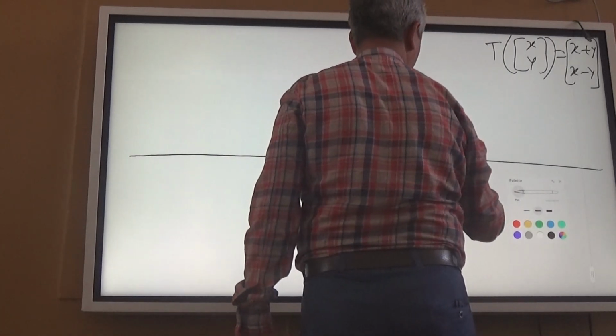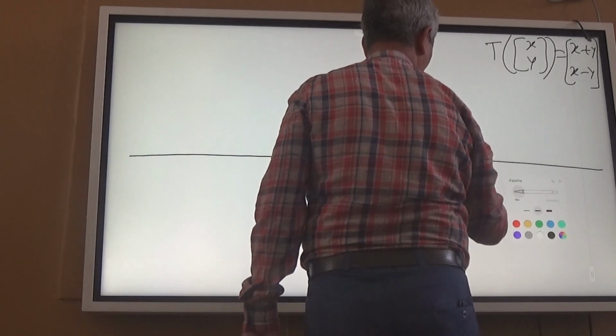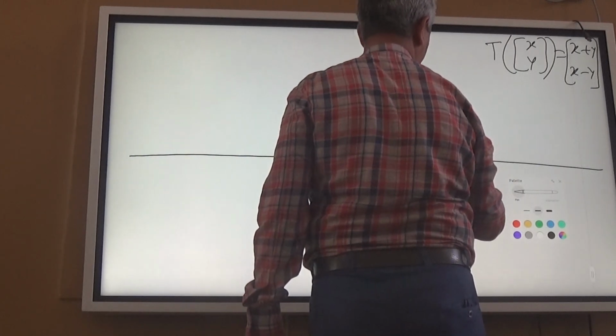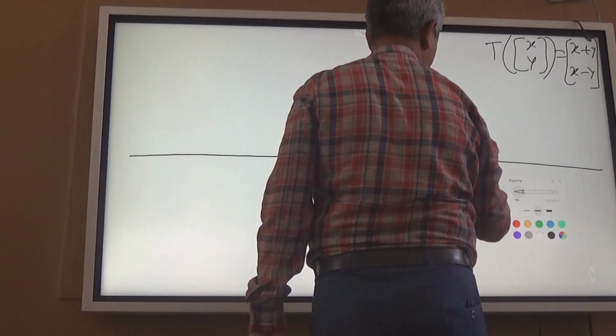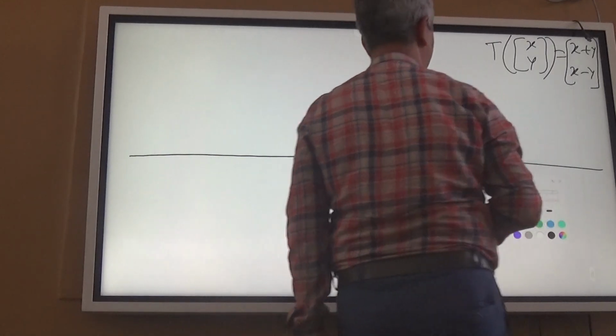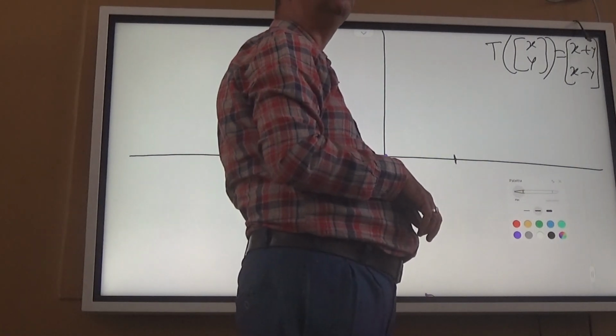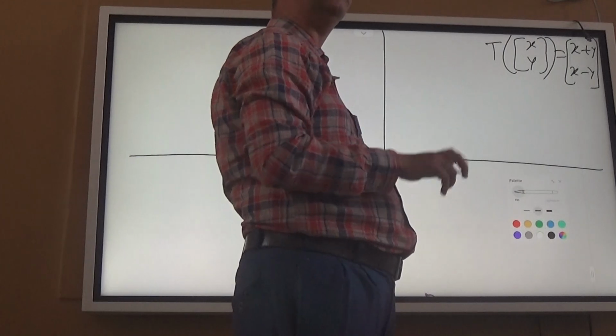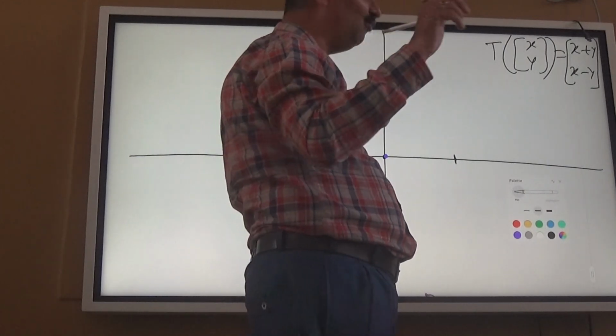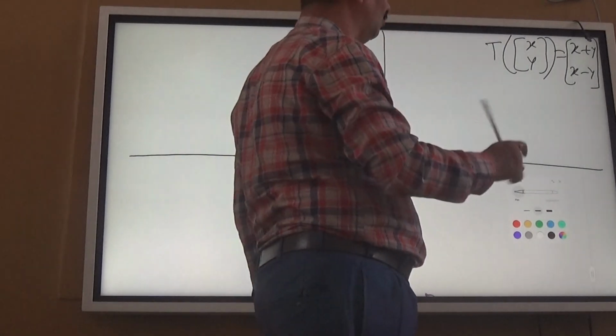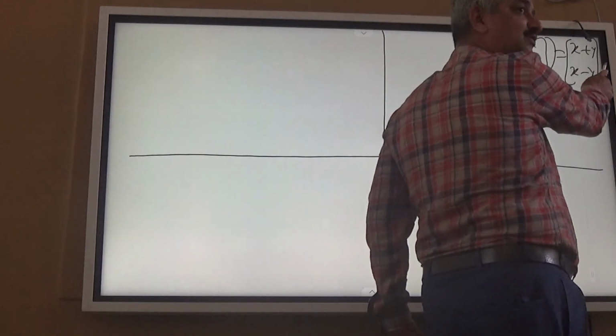Now 1 0 will get mapped where? It will get mapped to 1 1. 1 0: 1 plus 0, 1 minus 0.